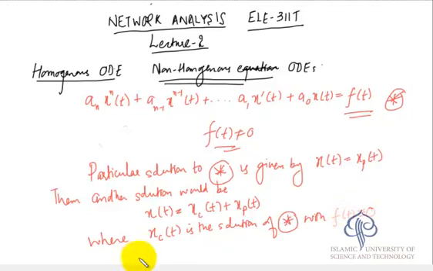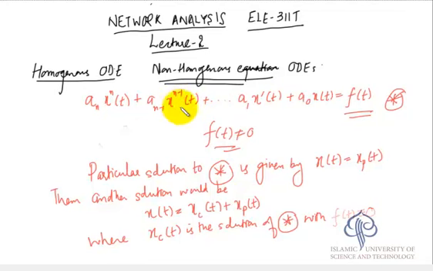In other words, if this non-homogeneous equation has a particular solution given by xp(t), then the general solution is going to be xc(t) plus xp(t), where xc(t) is the solution of the homogeneous counterpart of this non-homogeneous equation.